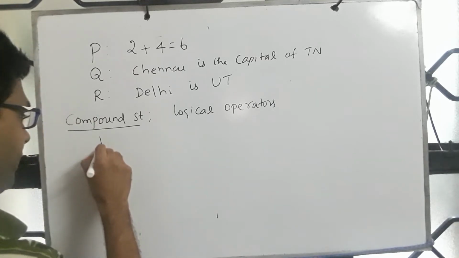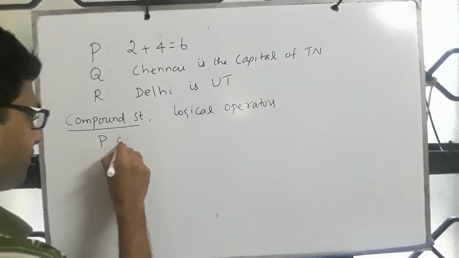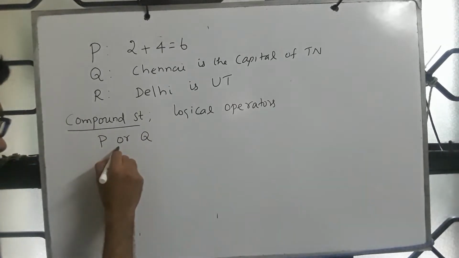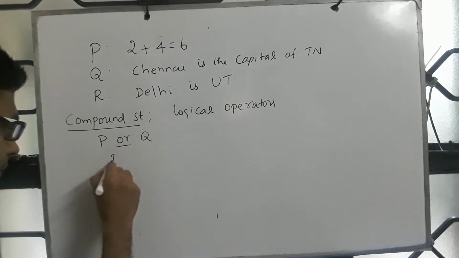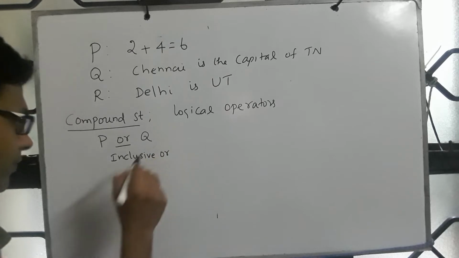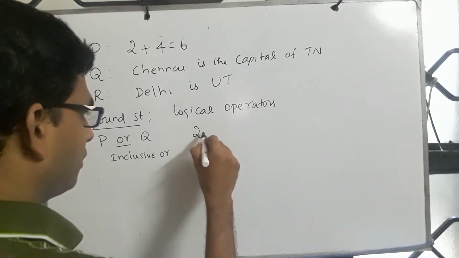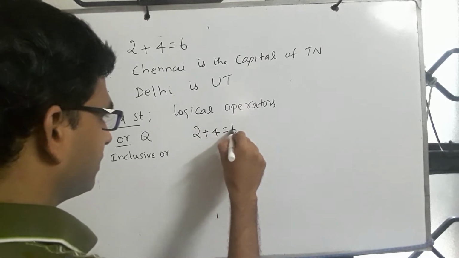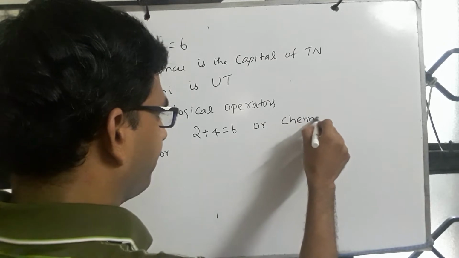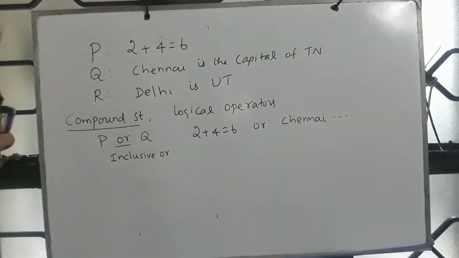And the statement, say P or Q. This is inclusive or. Okay. So this says 2 plus 4 equals 6, or Chennai is the capital of TN.